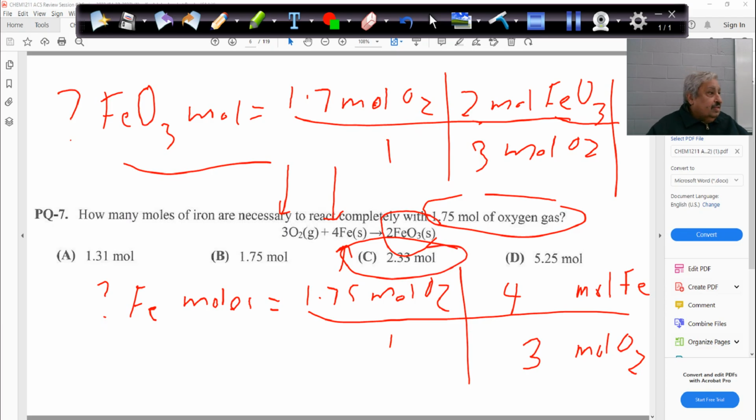Yes. When do we use Avogadro's number? No, no, they ask you about the moles. The keyword for when we have to use Avogadro's number is atoms, molecules, formula units, or ions. That's a must.